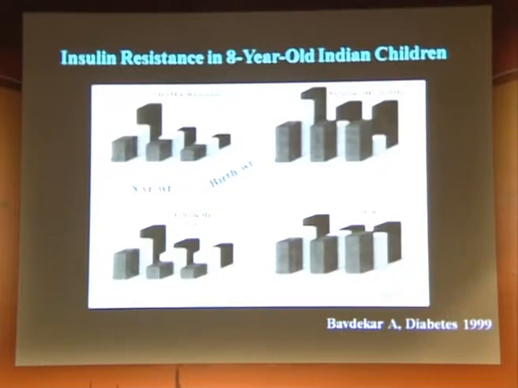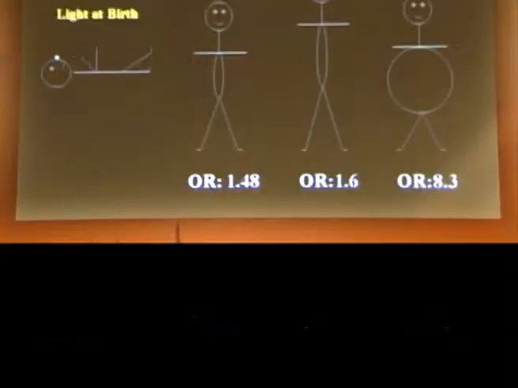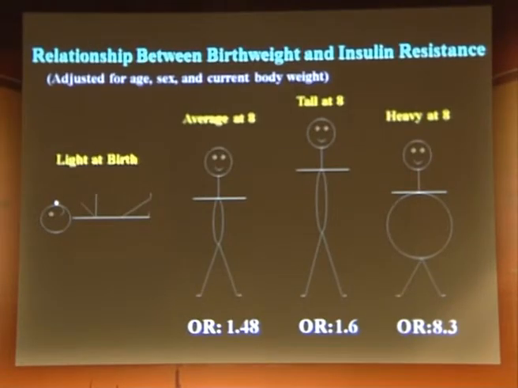And they found that for insulin resistance, so HOMA, and this is shown here where the red arrow is, that if you were born small, but then were bigger when you were a little bit older at age 8, you had the highest risk of insulin resistance when you're 8 years of age.